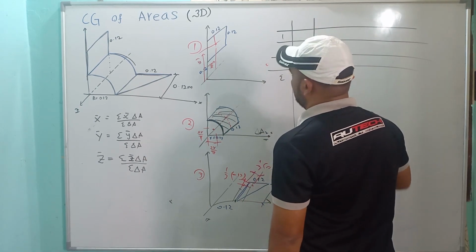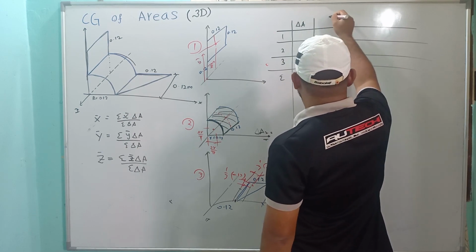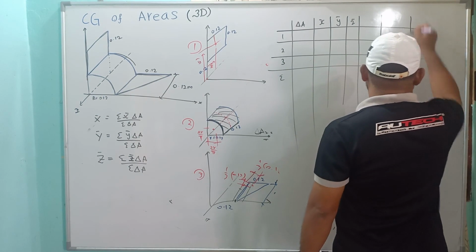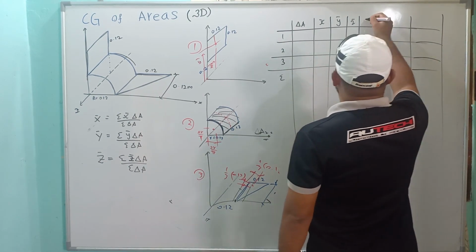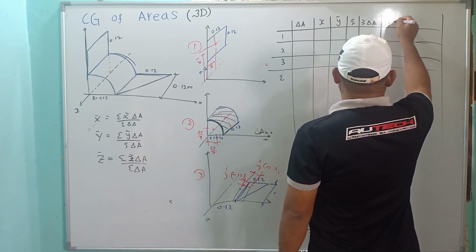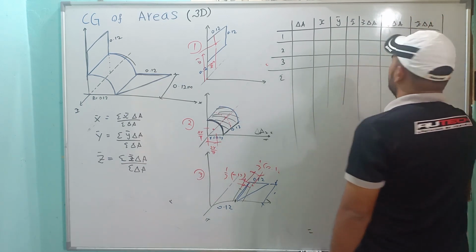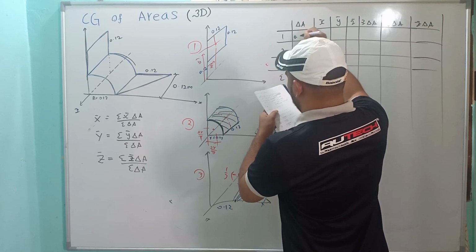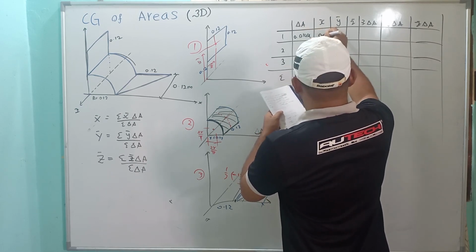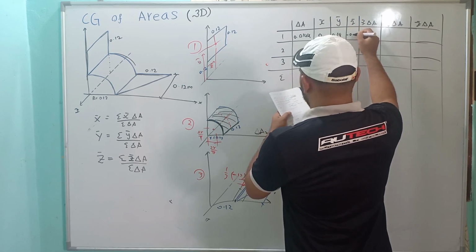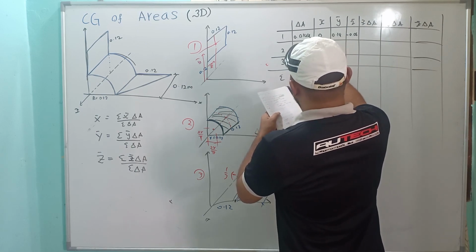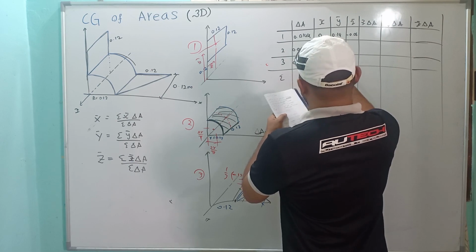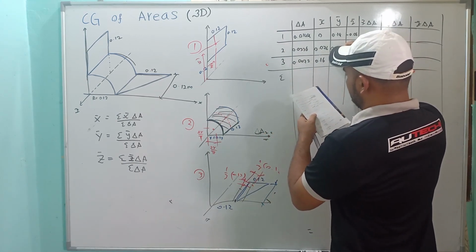I want to have delta A, X bar, Y bar, Z bar, and 3 more here: X bar delta A, Y bar delta A, Z bar delta A. So you put back all the information. 0.0144, 0.18, minus 0.06, 0.0226, 0.0072, 0.076, 0.076.